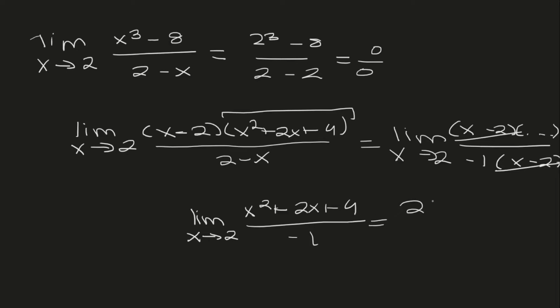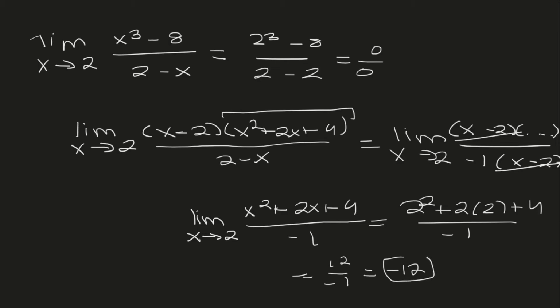So 2 squared plus 2 times 2 plus 4 all over negative 1. That's 4, that's 4, that's 4. 12 over negative 1, which simplifies into a nice whole number, negative 12. And that's our final answer.